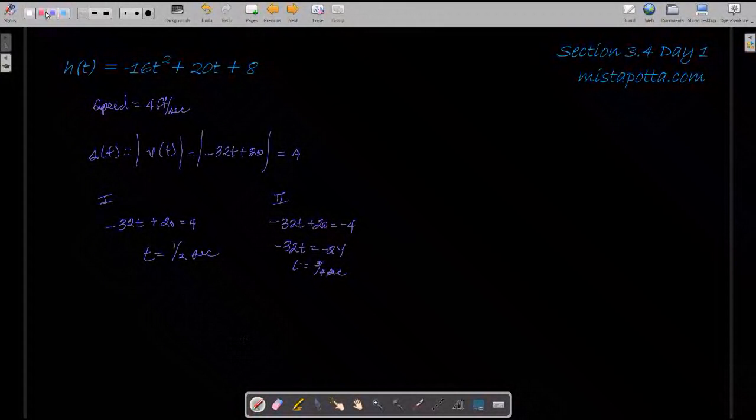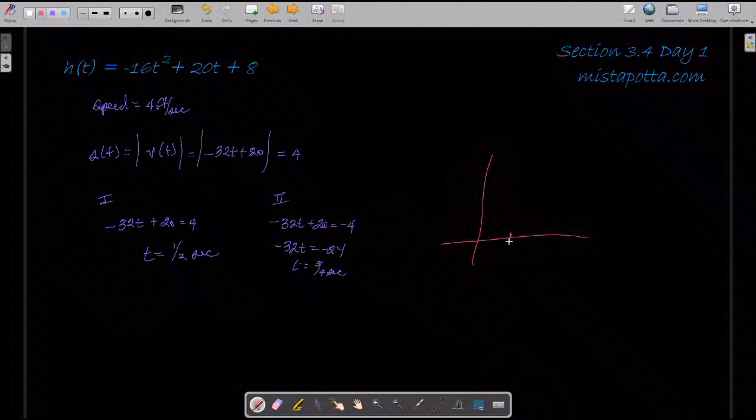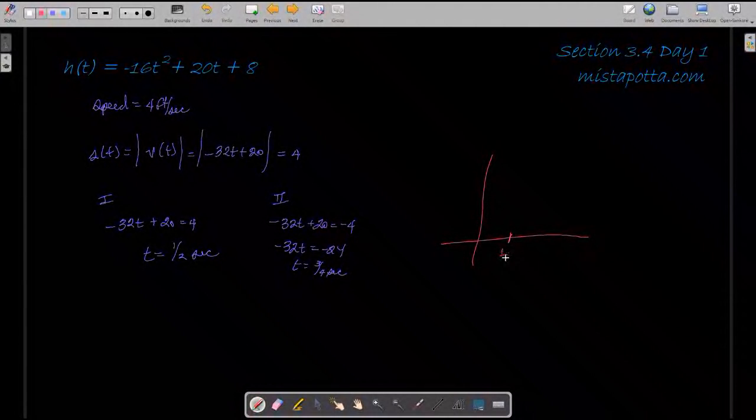And this actually brings up an interesting point. If I look at my graph at t equals 1/2 of a second, my velocity is 4. I'm going up with a slope of 4.